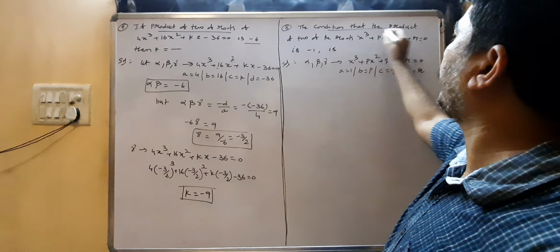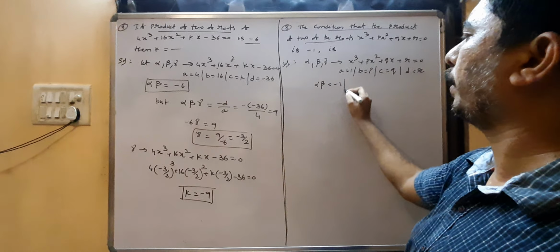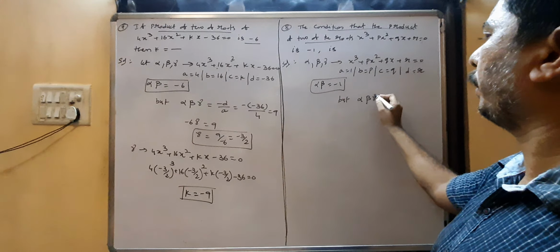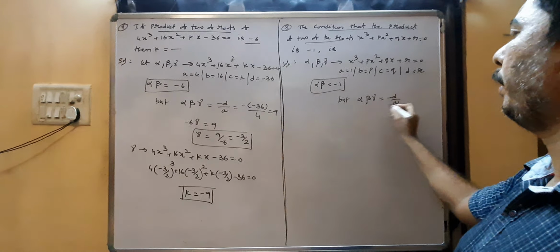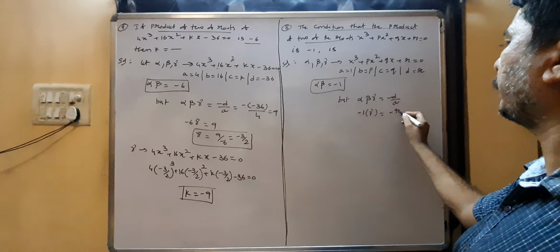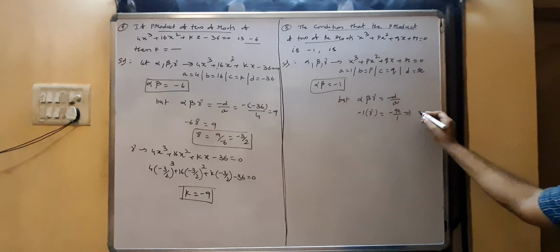The given condition is the product of two roots, alpha beta, equals minus 1. But alpha beta gamma is minus d by a. Minus 1 into gamma equals minus d by a, that is minus r by 1. That means minus gamma equals minus r, gamma equals r.